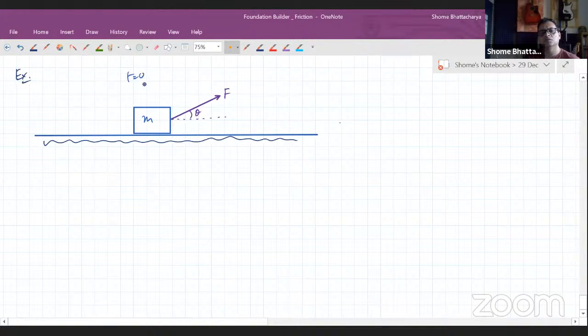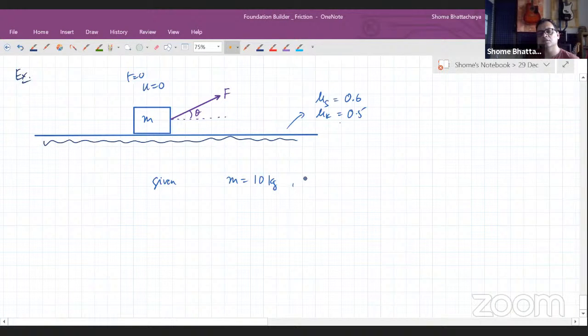At t equal to 0, the initial velocity of the block is 0. And this has a coefficient of static friction equal to 0.6 and a coefficient of kinetic friction equal to 0.5. Okay. Now given that the mass of the block is 10 kgs, we'll take g equal to 10 meters per second square.